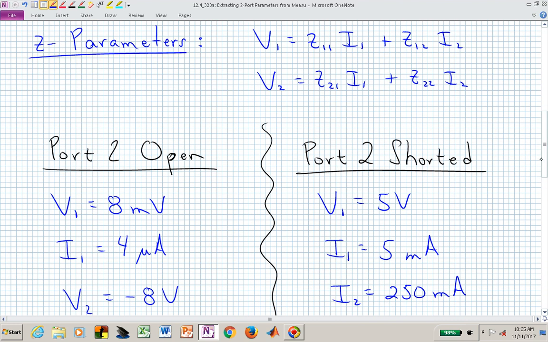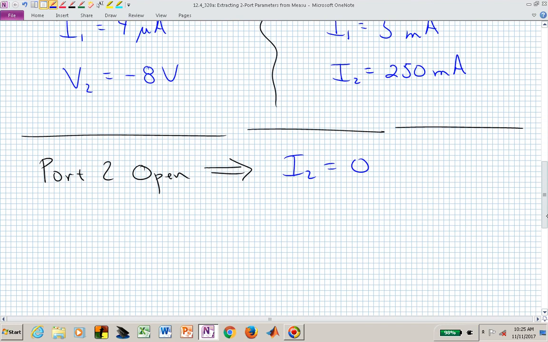We've acquired a V1 and an I1, so we can use that very first equation with I sub 2 equal to 0 to identify Z sub 1, 1. With I sub 2 equal to 0, the first equation says that Z1, 1 we can find as V1 over I1 with I sub 2 equal to 0, and we have those values measured.